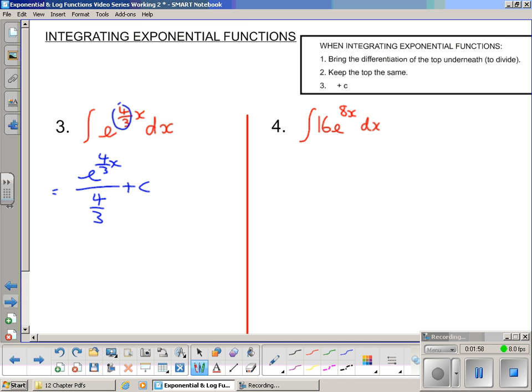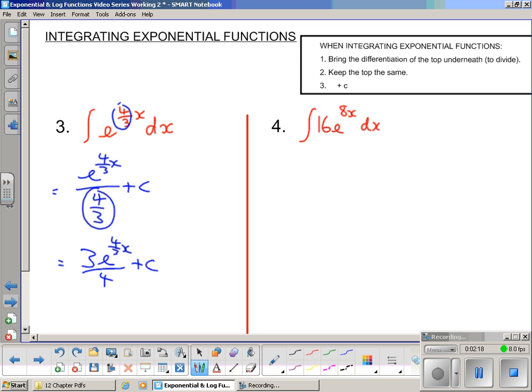Now, you might spot that when we've got a fraction that is dividing, we can turn it upside down and multiply. So that gives us 3e to the 4 on 3x over 4 plus c. We've just multiplied by the reciprocal of the fraction that's underneath.